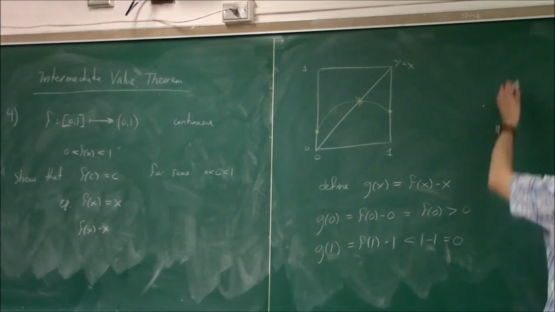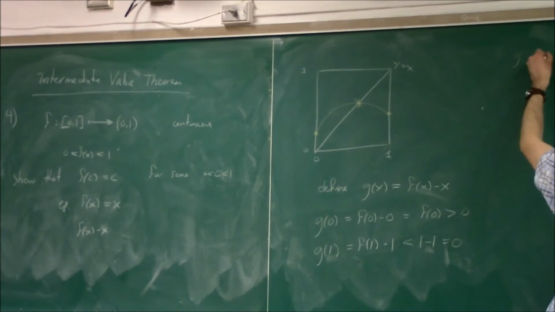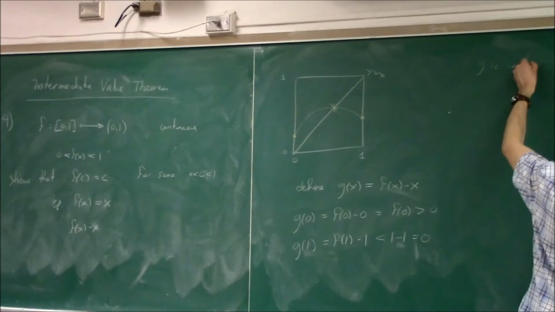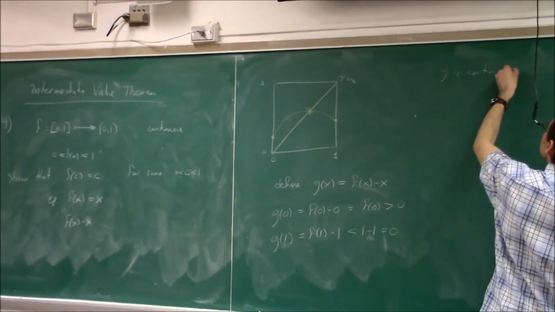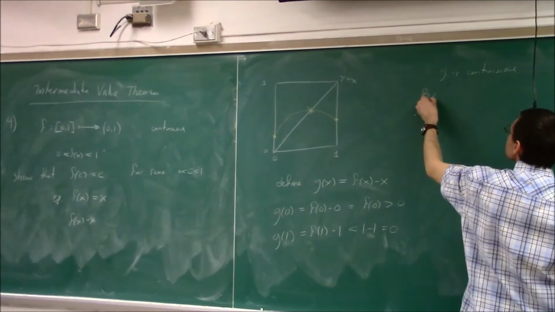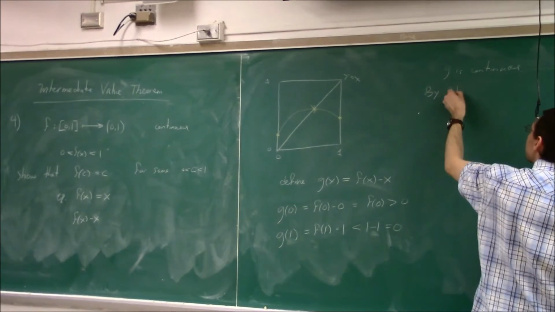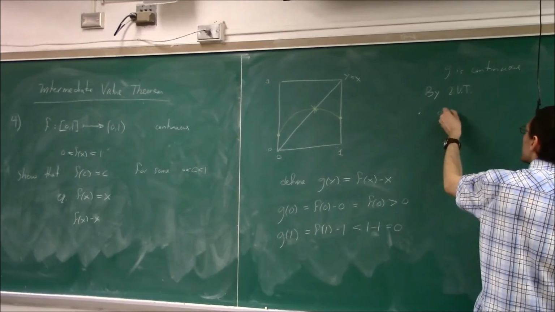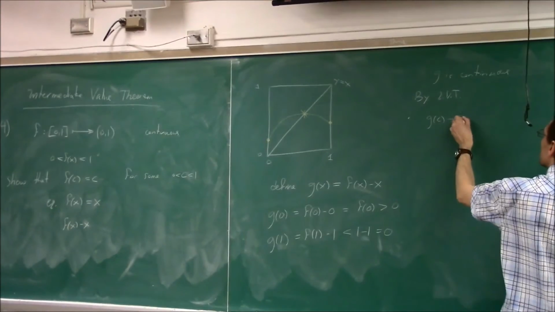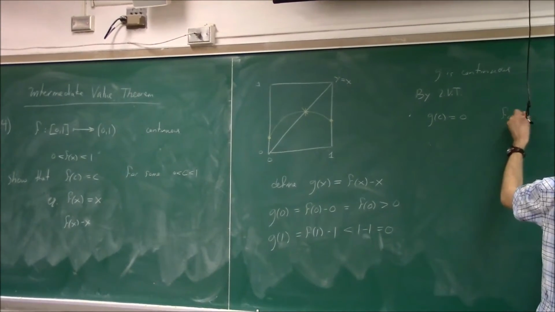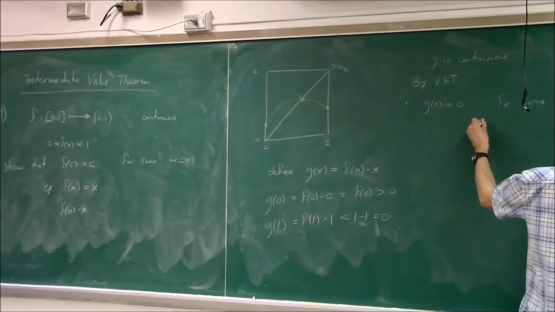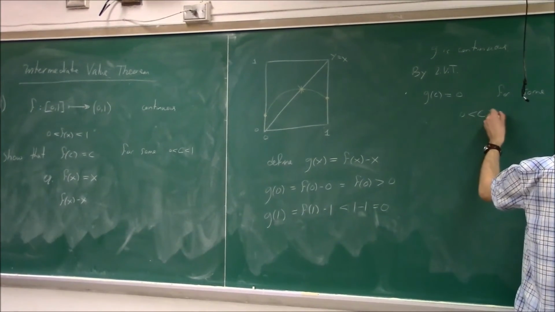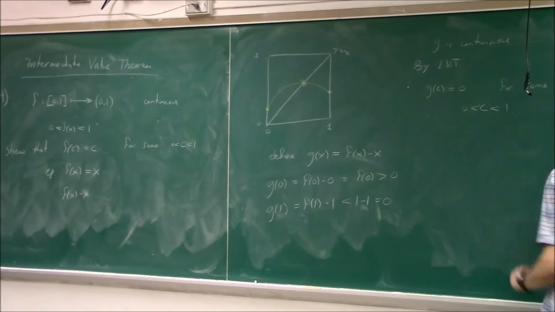So g is continuous. By the intermediate value theorem, g of c is equal to 0 for some c bigger than 0 and less than 1, and we're done.